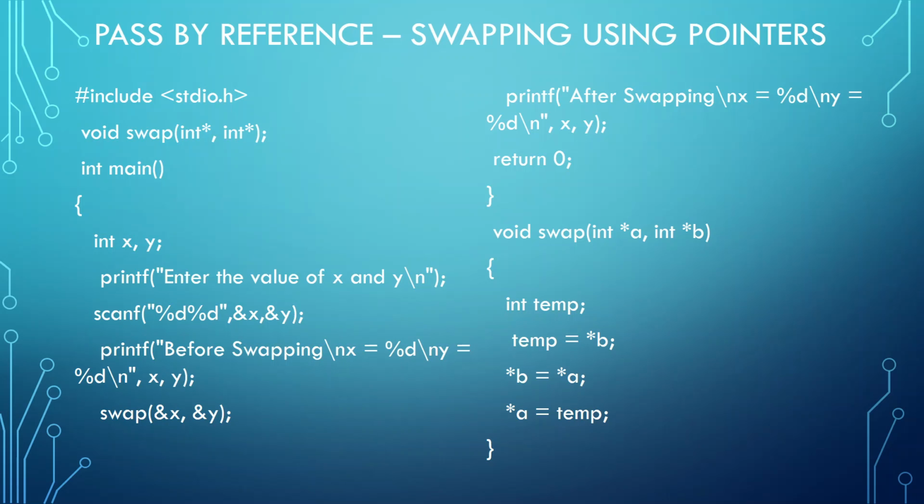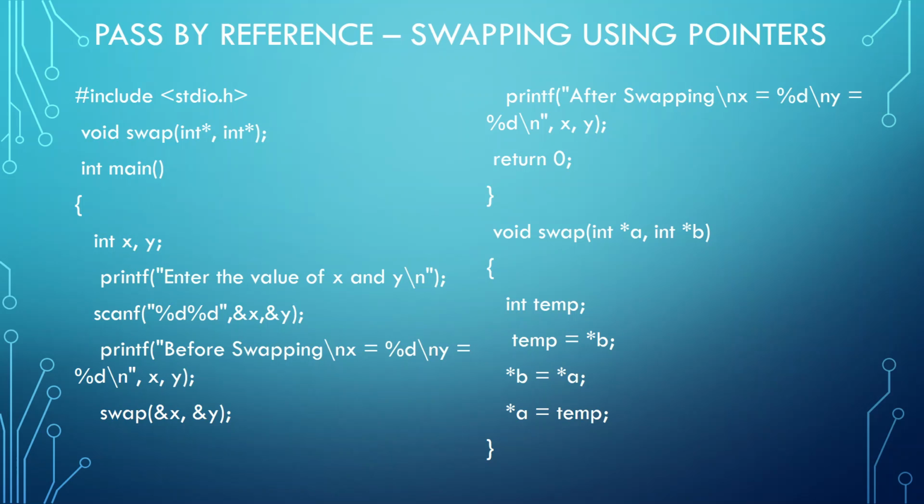This is the actual argument, this is the formal argument. Now you are just changing the contents of a and b. What was the content of a? It was the address of x. And the content of b was the address of y. Now you change it so that a contains the address of y and b contains the address of x. What happened in reality is that the memory locations assigned for x and y were swapped, which means the contents were also swapped.